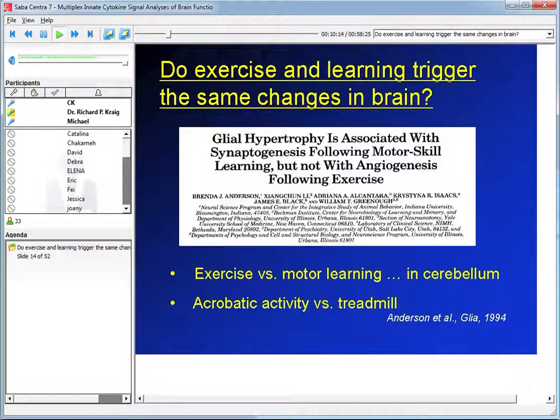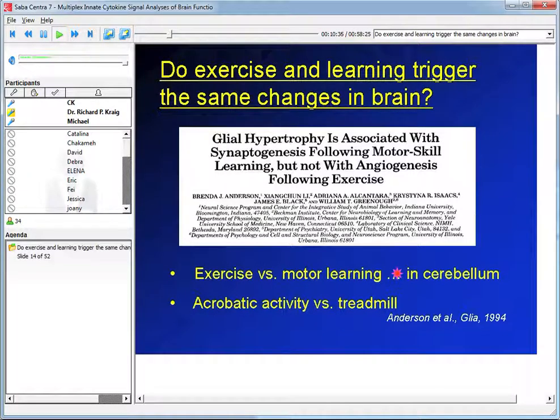And there's an article co-authored from the Greenough Laboratory, the first author Anderson, all the way back in Glia in 1994, that looked at exercise versus motor learning and glial structure in the cerebellum.